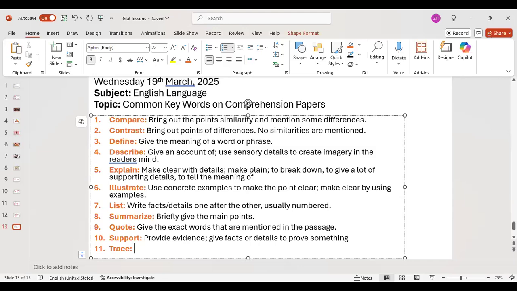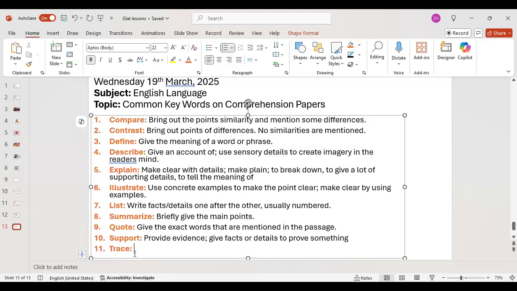What if it says trace Stacy's development into a confident individual? Trace Stacy's development into a confident individual. What does it mean to trace?